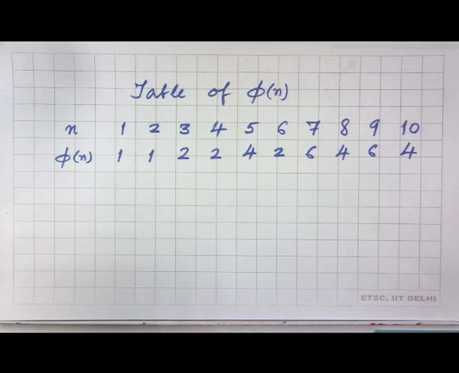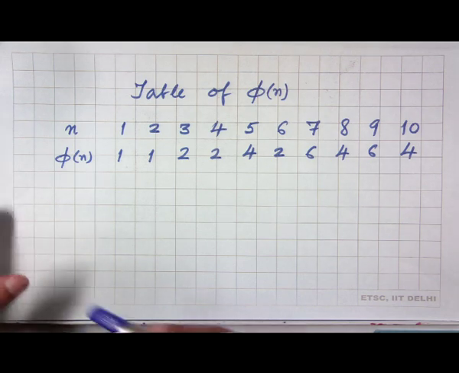Because 10 has 2 and 5 in it, we must exclude the even numbers, and we must also exclude 5. So we are looking at the odd numbers other than 5. These are 1, 3, 7, and 9. Therefore, phi of 10 is equal to 4. We're going to apply PIE, the principle of inclusion exclusion, to derive a formula for phi n.